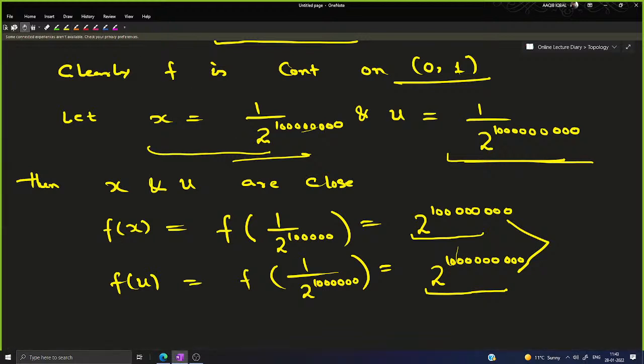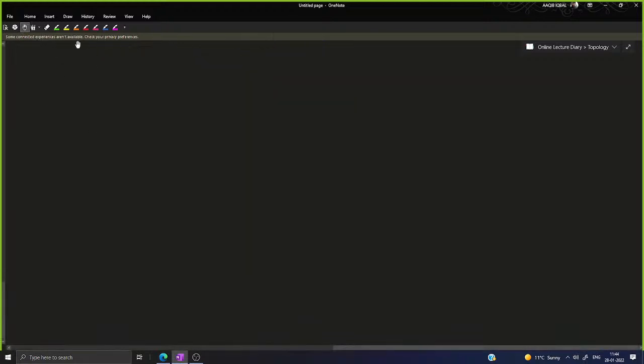You can see this in a better way like this. Suppose you take a sequence, let's take xn, n running from 1 to infinity in 0 1, where xn is equal, say, to 1 by 2 power n.